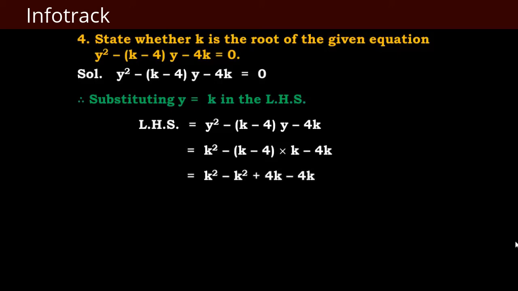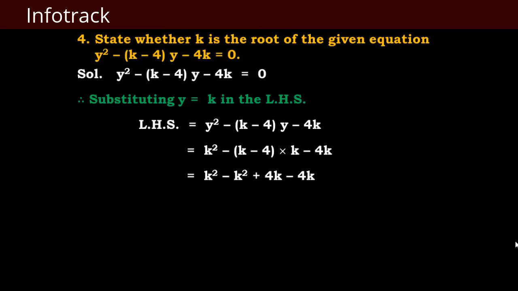K square minus k into k square minus 4, and this minus outside the bracket gives minus, minus plus 4k. So k square minus k square get cancelled, 4k minus 4k get cancelled.